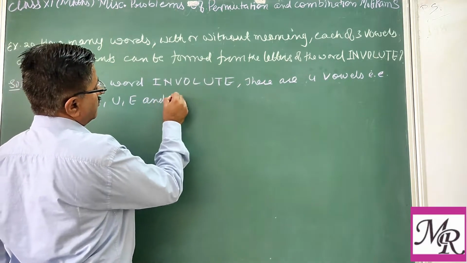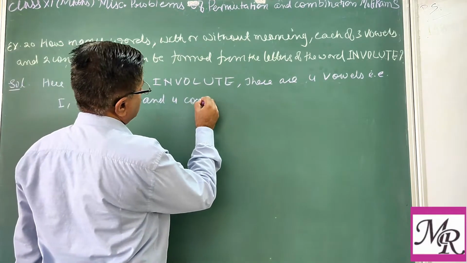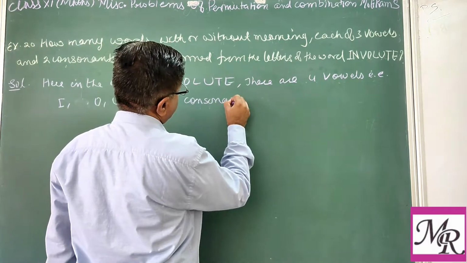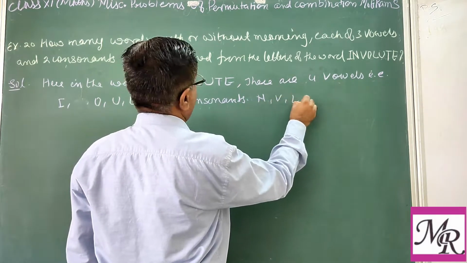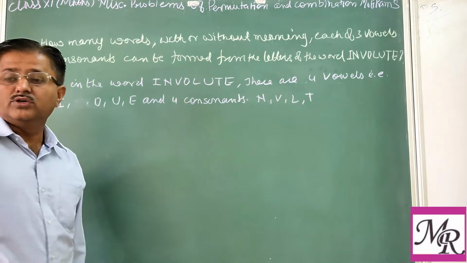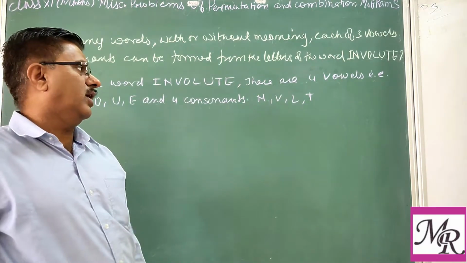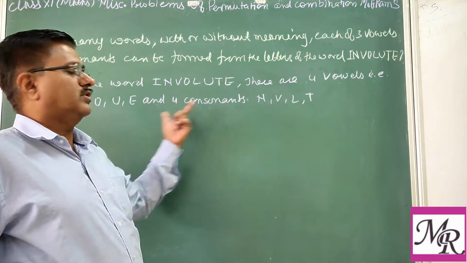And 4 consonants. Remaining all are consonants: N, V, L, T. So in this word we are given 4 vowels and 4 consonants.